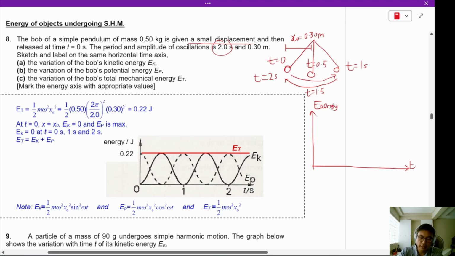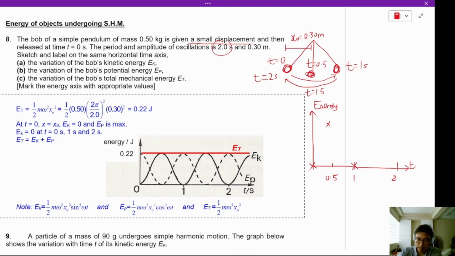Let's do it at the start. At the start, on the left, when you let go, the KE starts from 0. This is the KE. Now, this is 1 second, 2 seconds. At half a second, the object is moving very fast. So the KE will be up here. At 1 second, the object is momentarily stopped.